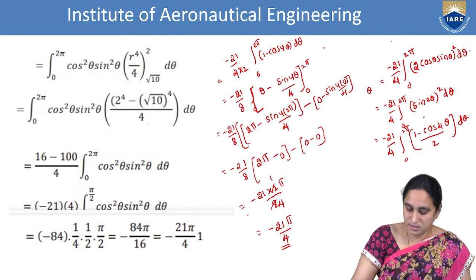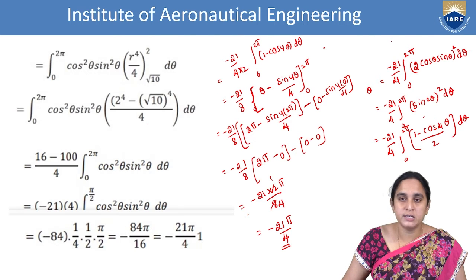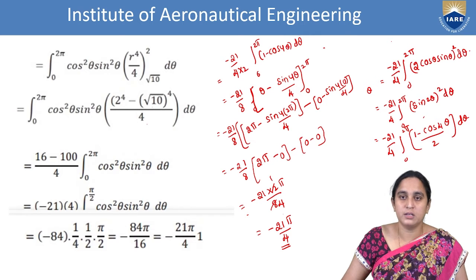Once again, transforming Cartesian to polar coordinates means, by using the parametric equations, we have to convert each and every term as r and theta. After that, substitute in place of x and y in terms of r and theta, integrate with respect to r, and then integrate with respect to theta.